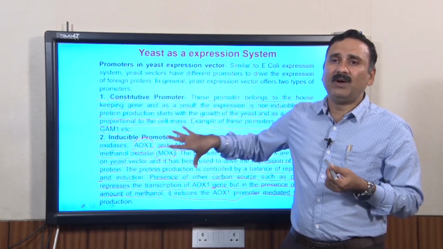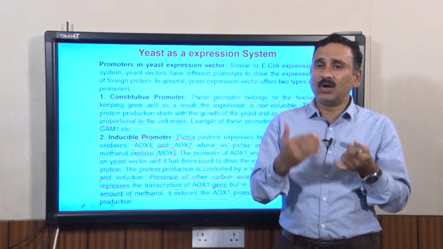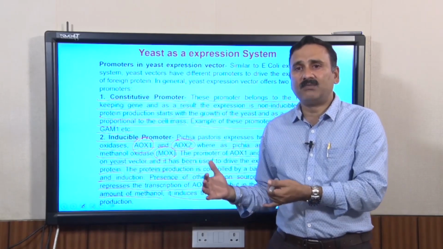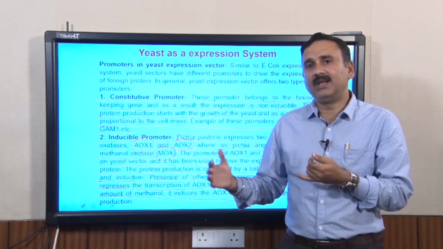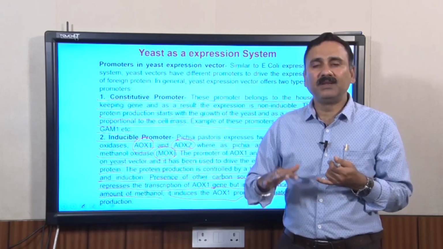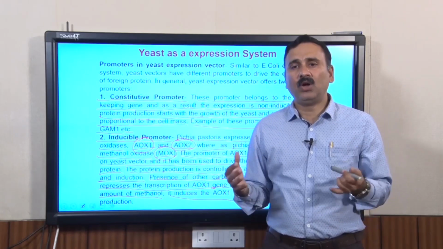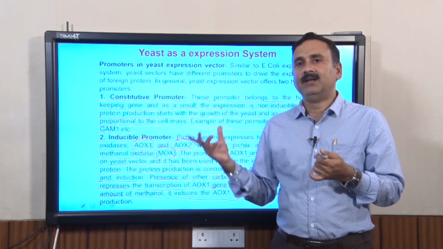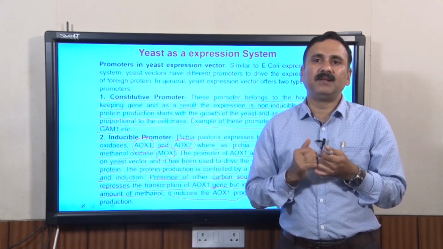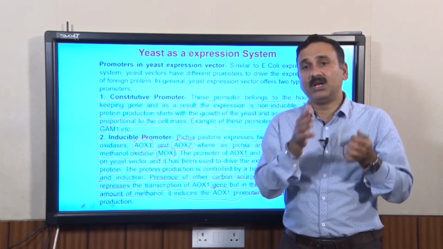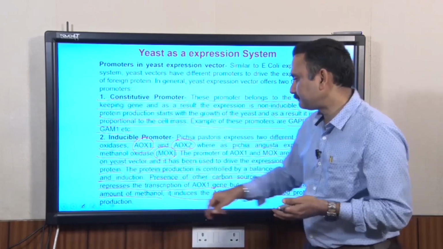Similarly, here if you have an alternate carbon source, for example glucose, the yeast is not going to use methanol as a carbon source, and will instead use glucose. In those cases, glucose represses the activity of the OX1 promoter, but if you use a tiny amount of methanol, that induces the OX1 promoter, and as a result you are going to see protein production if you have cloned the gene in front of the OX1 promoter.